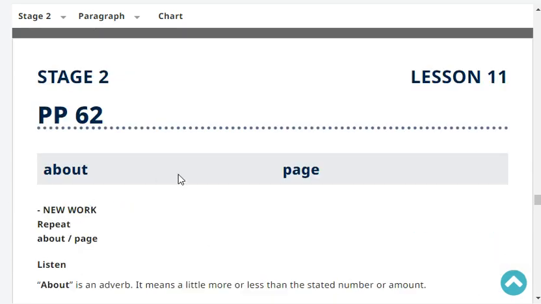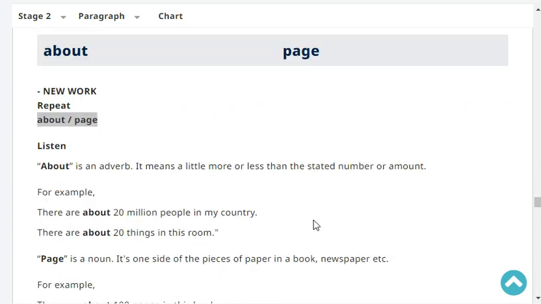Okay, repeat. About. Page. Okay, very good. So remember those present continuous and present simple. We're going to review that next lesson on our revision. Okay, so now let's talk about the words about and page. Listen. The word about is an adverb.